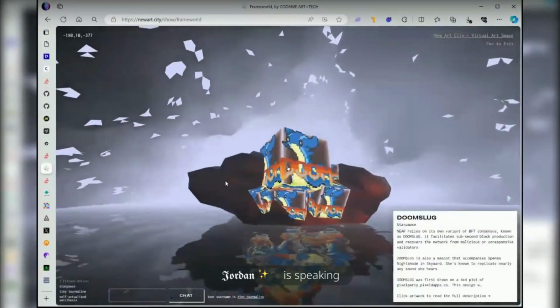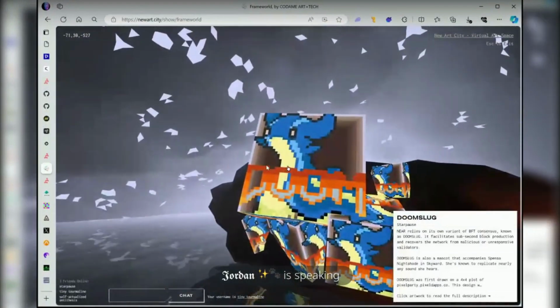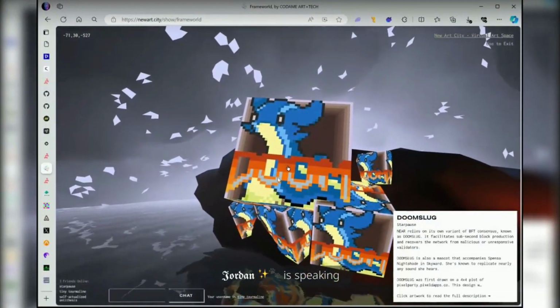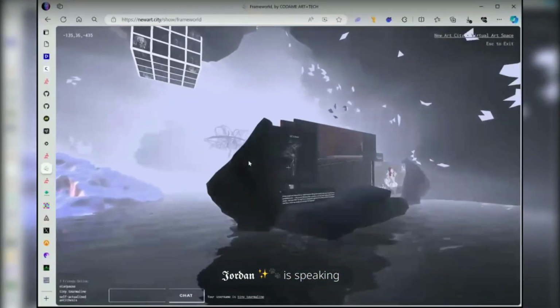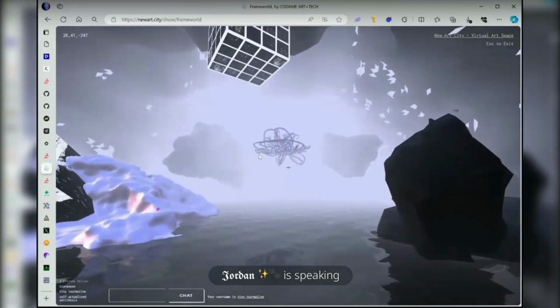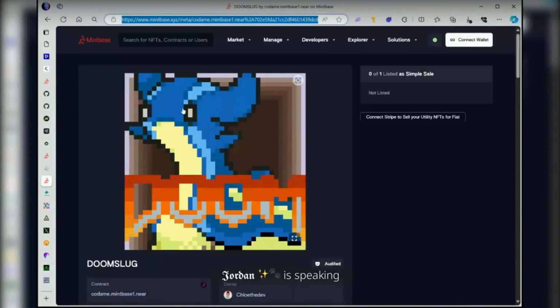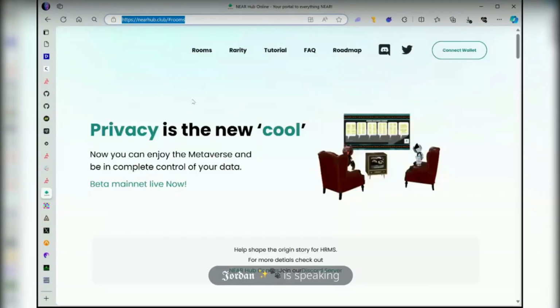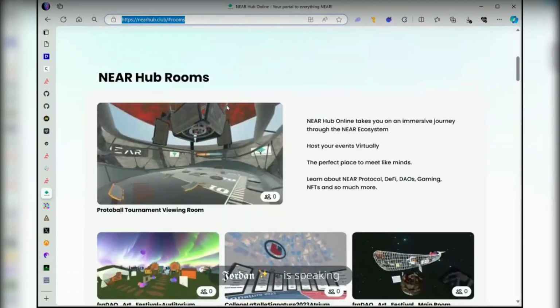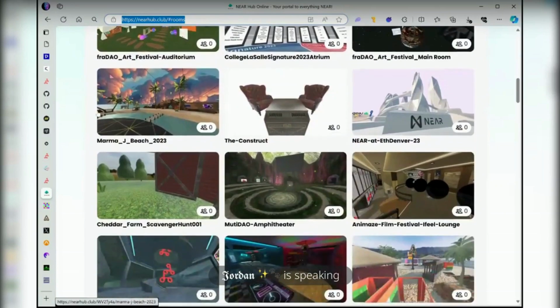There's Doomslug celebrating the consensus model on Near. And then there's other virtual worlds as well.